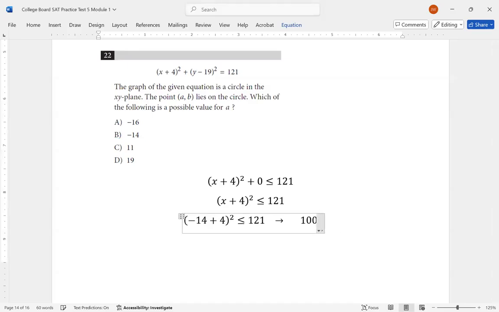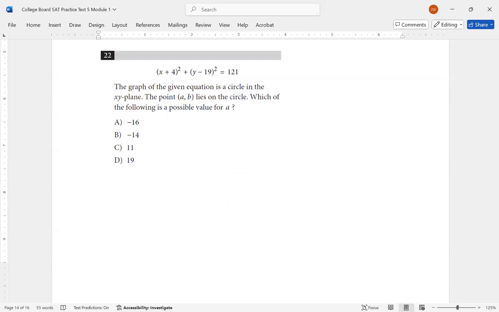If you think about it, this is the equation of a circle. The circle is centered at negative 4, 19, and we know that because of the equation of the circle. And the radius of this circle is 11, because that's the square root of 121.